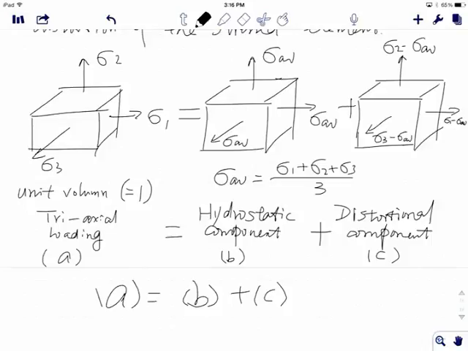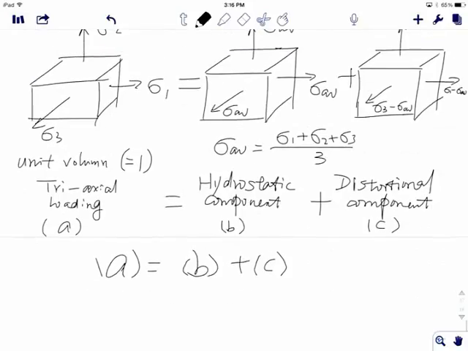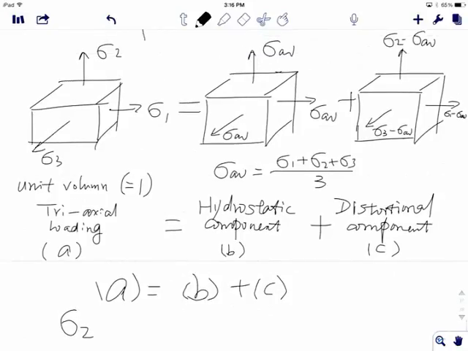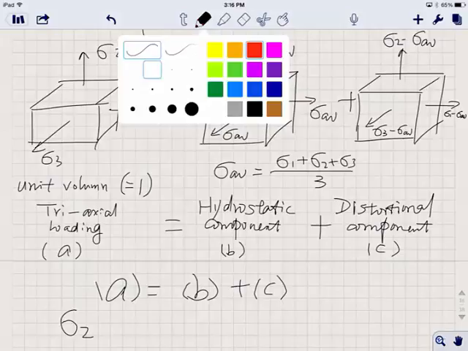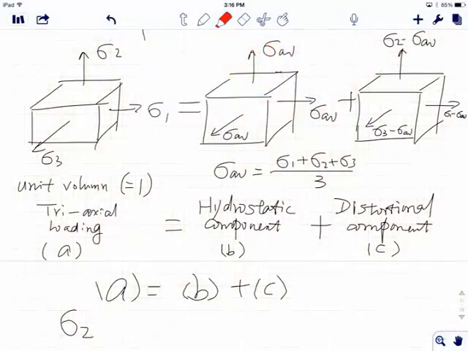Whatever is left, the difference between the stress and the average, we call the distortional component because they're different, right? Okay, so I say A equals B plus C, which is right. Why? Let's take sigma 2 for example. Sigma 2, right? So whatever you have here, over here, let's use red. This stress, and this stress.